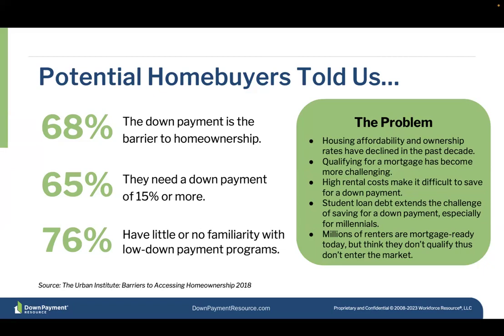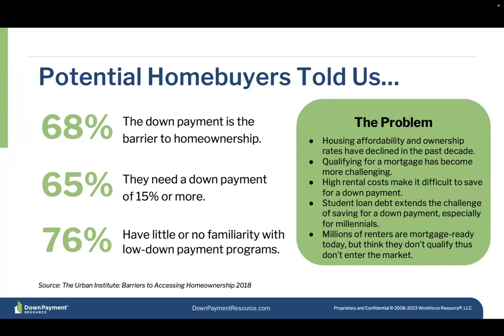They didn't know that with a Fannie or Freddie conventional loan, you can get a home for 3% down, 5% down. They didn't know that if you're a qualified veteran, you can buy a property with 0% down. They didn't know that if you're buying an eligible rural property, you can get a USDA mortgage or RD mortgage for 0% down.